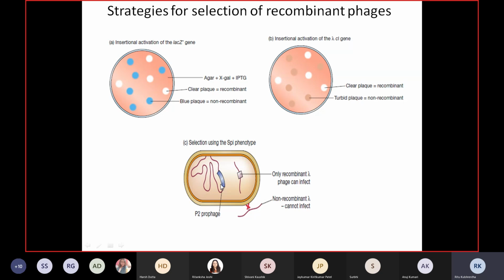This P2 phage, for example, generates a protein, Spi, which is present on the bacterial membrane, because of which the lambda phage is not able to attach itself to this bacterium, and then it cannot inject its DNA. That is the case with wild type lambda phage. So what they have done is that the genes which are actually sensitive to the product of the P2 phage are the red and gam genes.